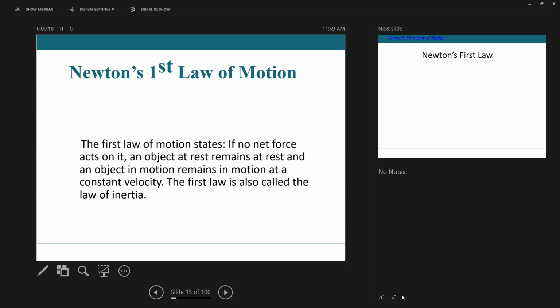So an object at rest remains at rest if you have no force on it. That means if you put something on the table or somewhere and nothing touches it, if you come back next week, next year, it is still going to be there where it belongs if there's no net force on it. And if the object is moving, it keeps on moving unless you have a force that slows it down, accelerates it, or stops it.